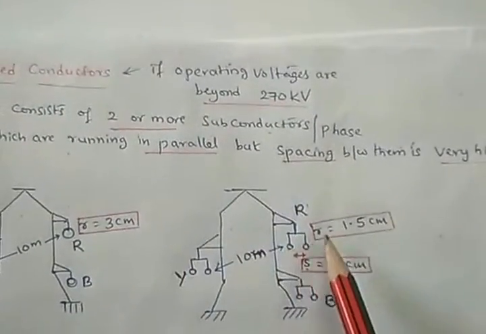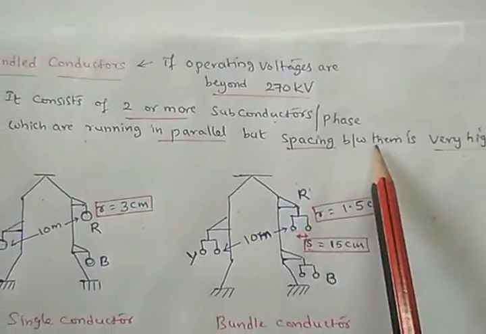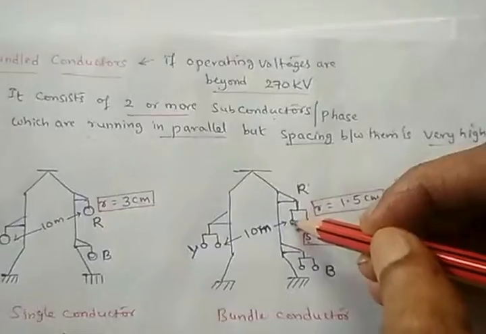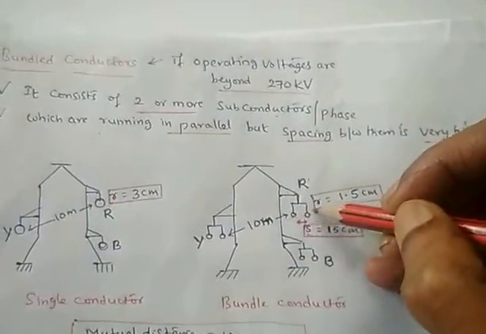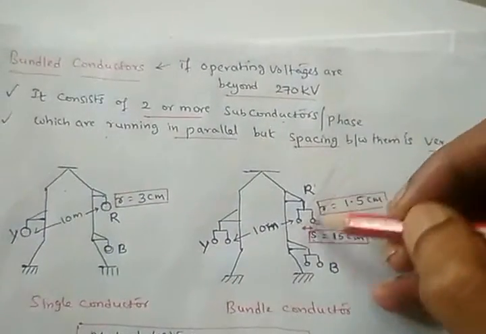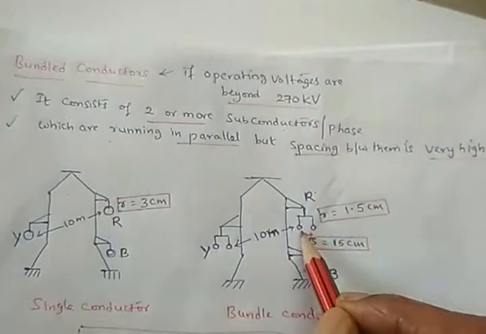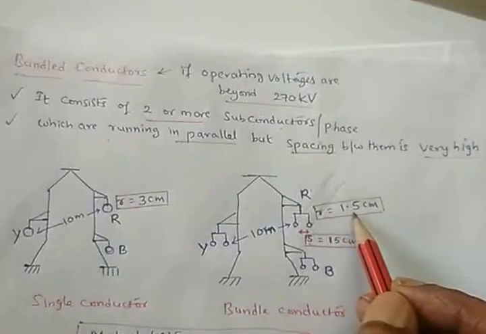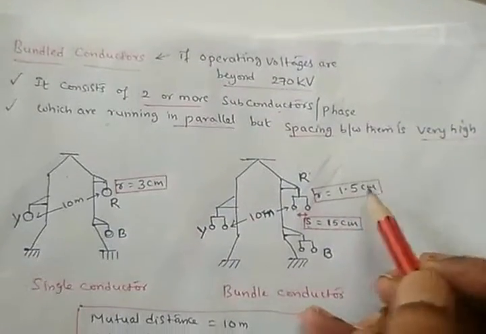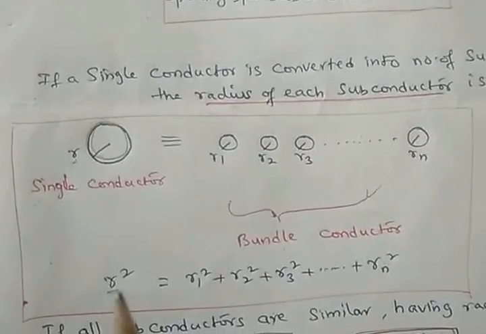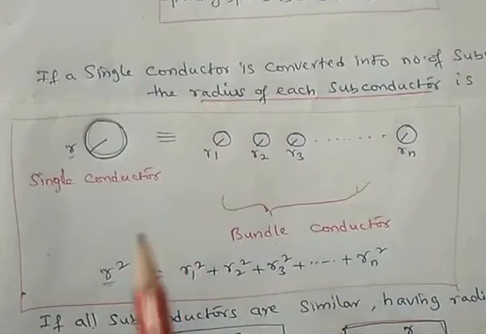They will run in parallel, but the spacing between them will be very high. If you extend the diagram, the subconductors will be like this. They are parallel to each other, but the spacing between them will be very high compared to the radius of the subconductors.